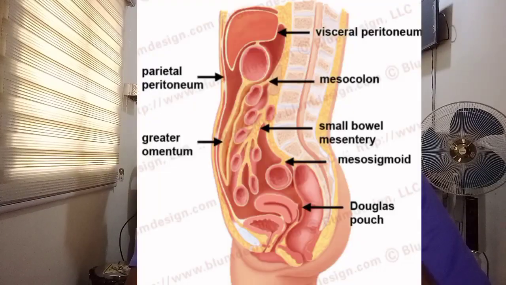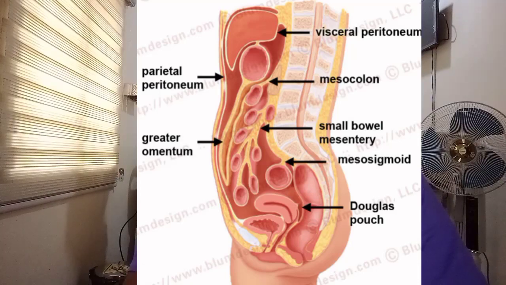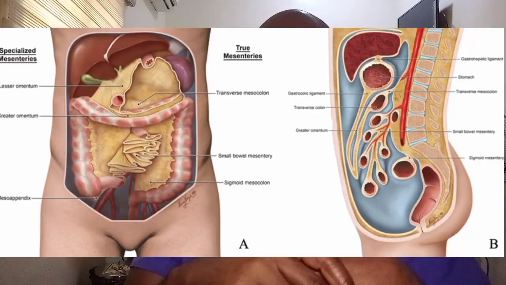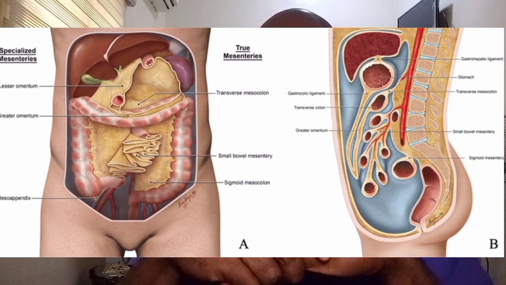Like you see in this diagram, you see the greater omentum, the large broad sheet that flows down in the anterior abdomen. Then you see the parietal peritoneum that lines the inner surface of the abdominal cavity. This image also gives you a coronal view and a sagittal view.